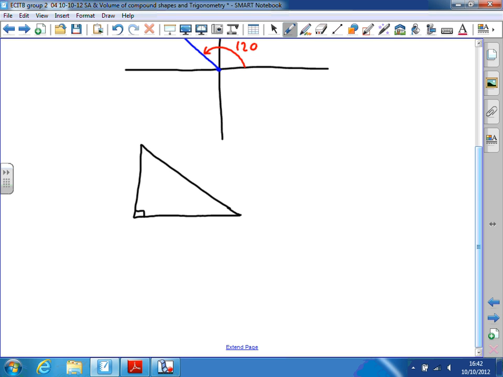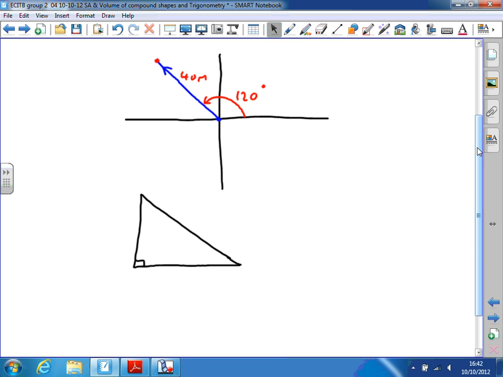So here's our right angle. So this is 40 meters. And we're after the displacement. We tend to use the letter S for displacement. So this is the horizontal displacement, and this is the vertical displacement, SH and SV.